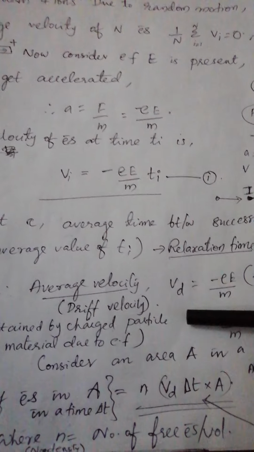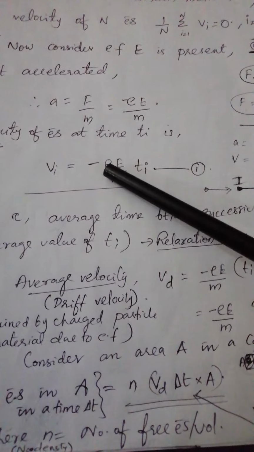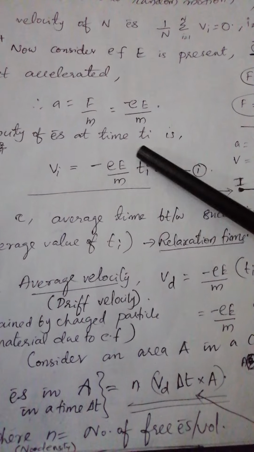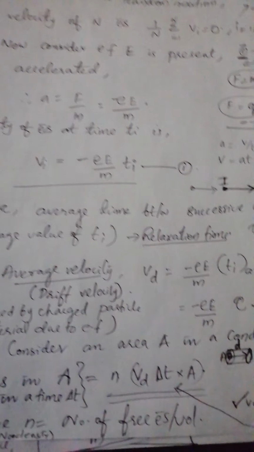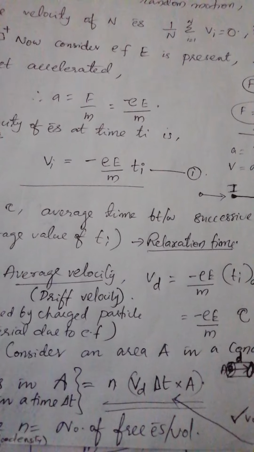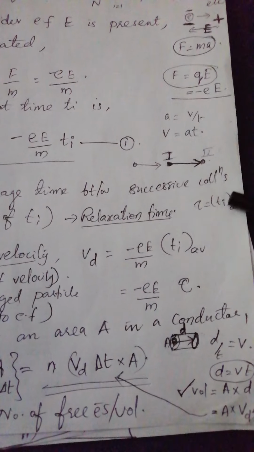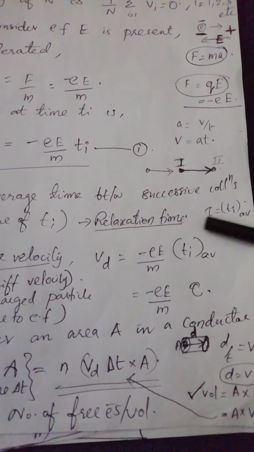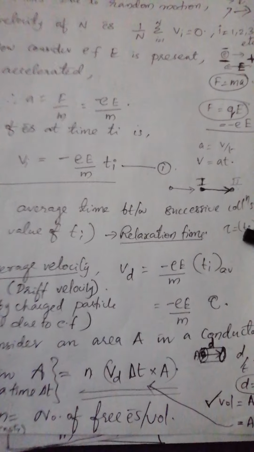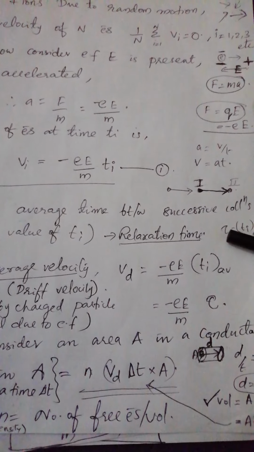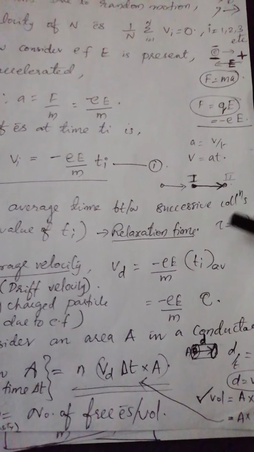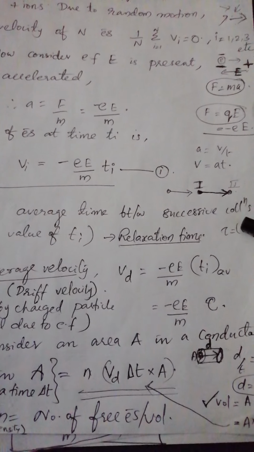So drift velocity is equal to minus Ee by m into the average value of Ti. And this Ti average is actually the relaxation time, the average time between successive collisions.